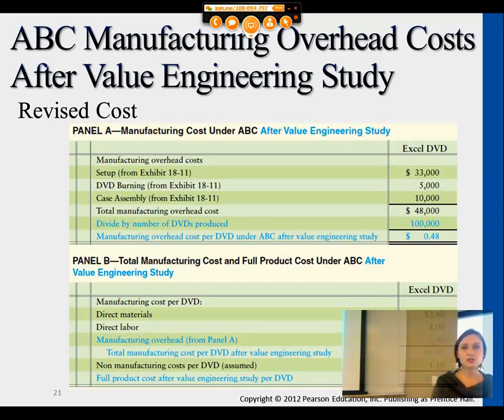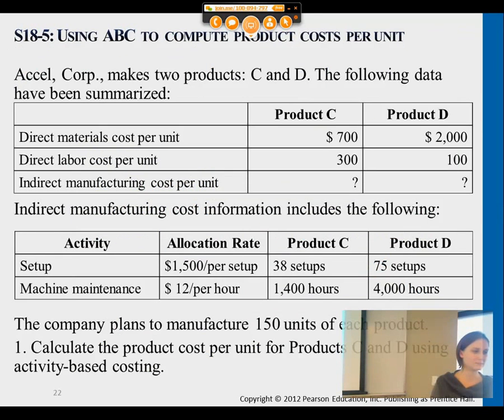Okay, so now let's test what we understood. Let's try this 18.5. We want to use ABC to compute our product cost per unit. So what you want to do, you see those question marks, indirect manufacturing cost per unit? We want to fill those in.